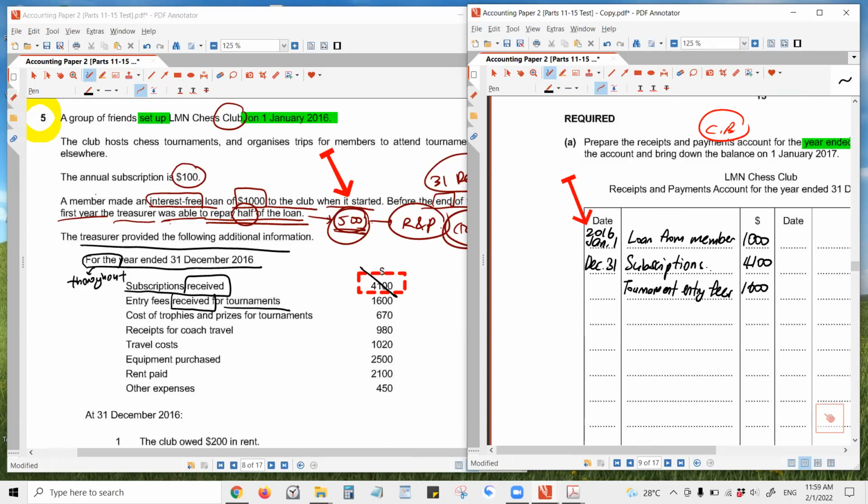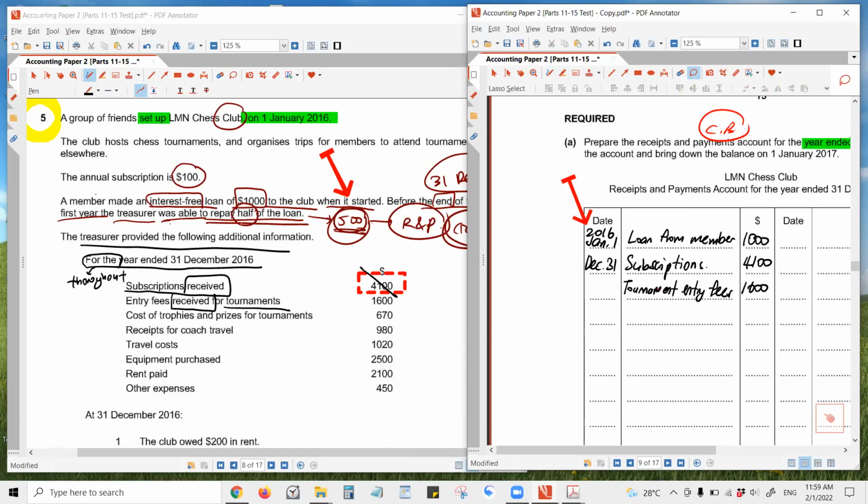But why did I change it to this just now? Because I do not want to write the word for. When I write one more word, for, I'm going to use the next row to finish off the writing. So it's either entry fees for tournament or tournament entry fees, up to you.